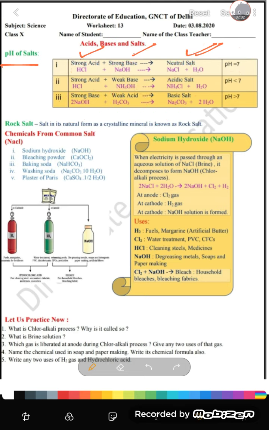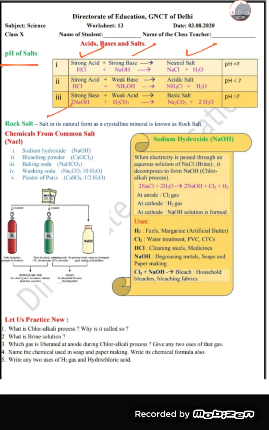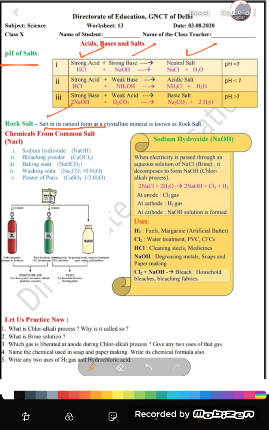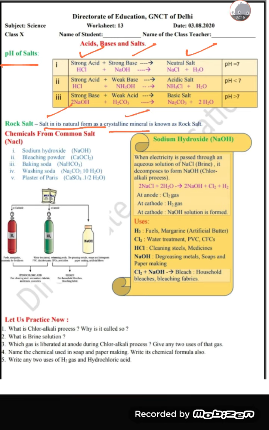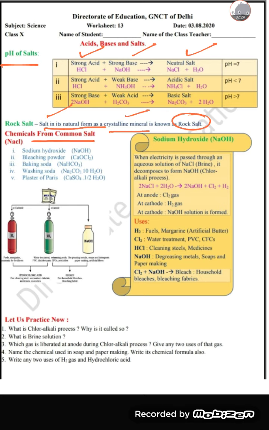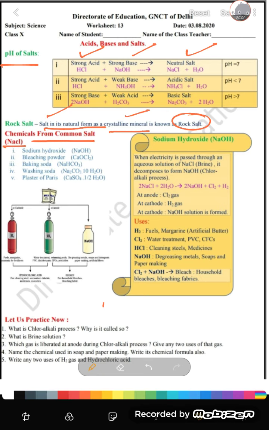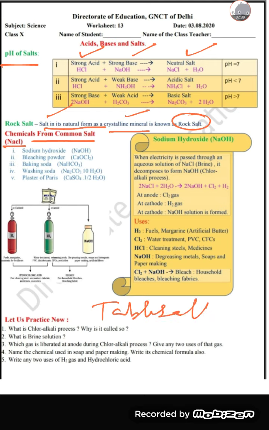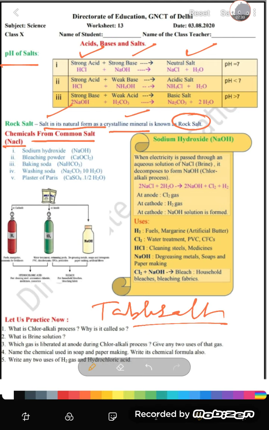Next, we have rock salt. What is rock salt? Salt found in its natural form as a crystalline mineral is called rock salt. Students, here we have chemicals formed from common salt, or table salt. It is a main ingredient in the food items of your day-to-day life.